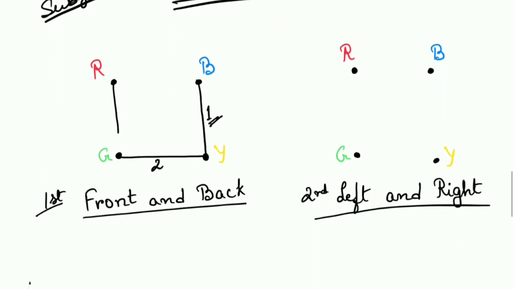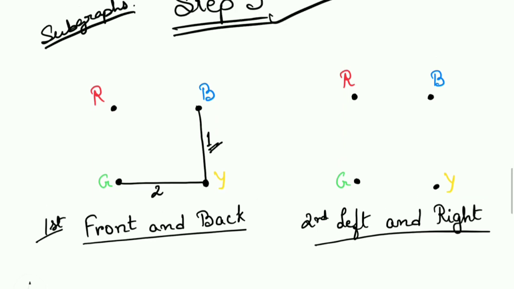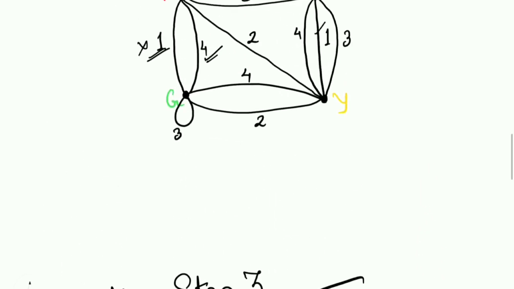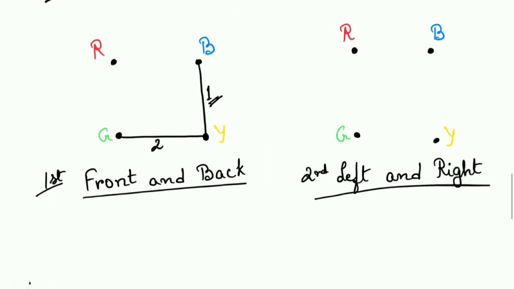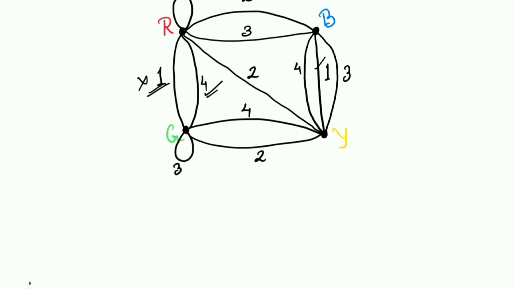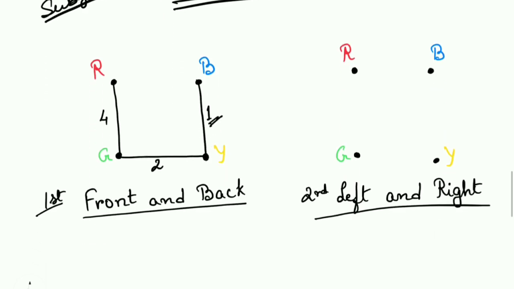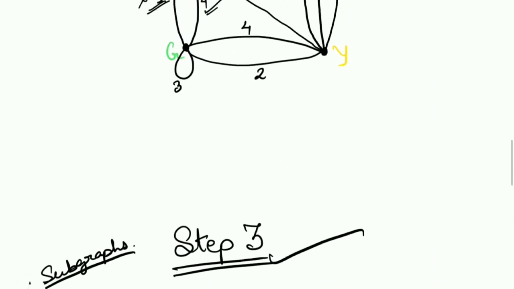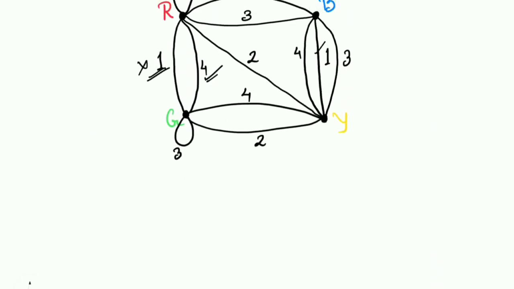So we will join the vertices red and green for edge 4, as 1 is already taken. One edge is already taken for blue and yellow, so we will not take red and green for 1. This means each edge occurs only once. Now for red and blue we have 3 and 2.